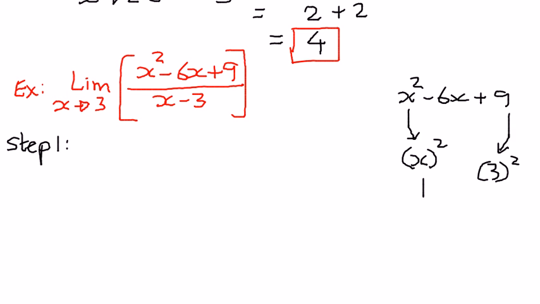So we can write the base term for the first term, which is x. We can borrow the sign between the first and the second term, which is a negative sign. We take the base term from the third term, which is 3, and put it in parentheses raised to the power of 2. That is going to be the factorization of this particular trinomial.